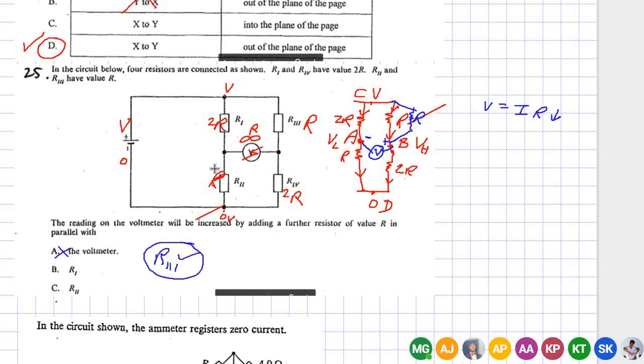And what about R2? If you connect a resistor across R2, you lower the effective resistance across R2. That means the potential drop across this will decrease, but the total potential drop across R1 will increase. So this point A will become a higher potential compared to the earlier scenario.